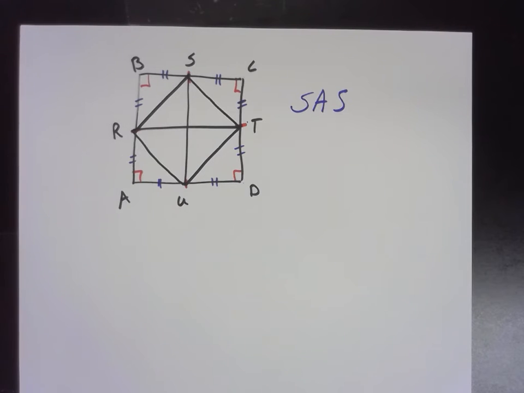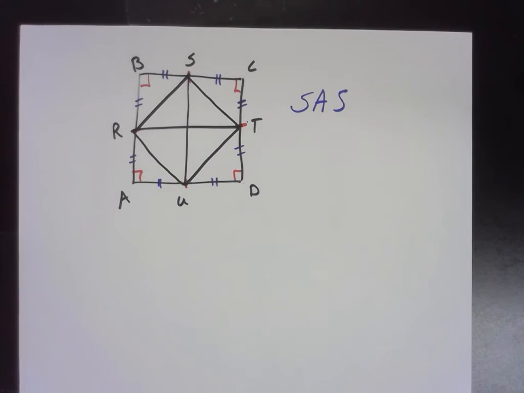Copying a triangle. Let's take a look at the construction on page 248. Construct a triangle that is congruent to triangle ABC. All you need to know is the length of 2 sides and an included angle, don't you? Okay? So we can do that.